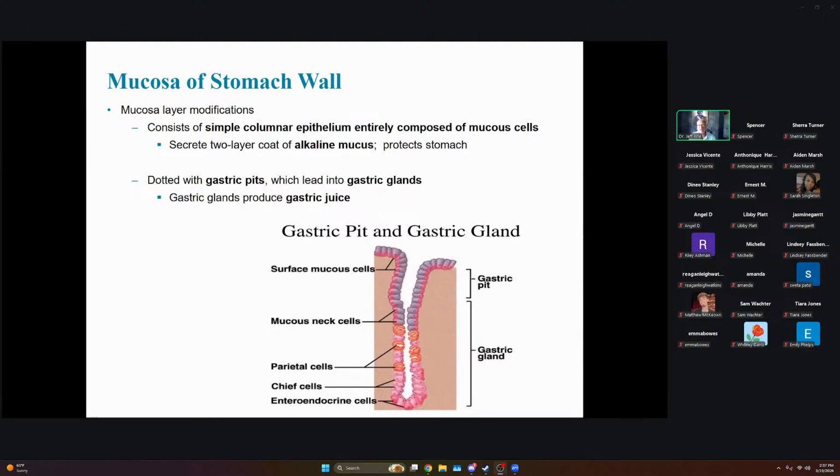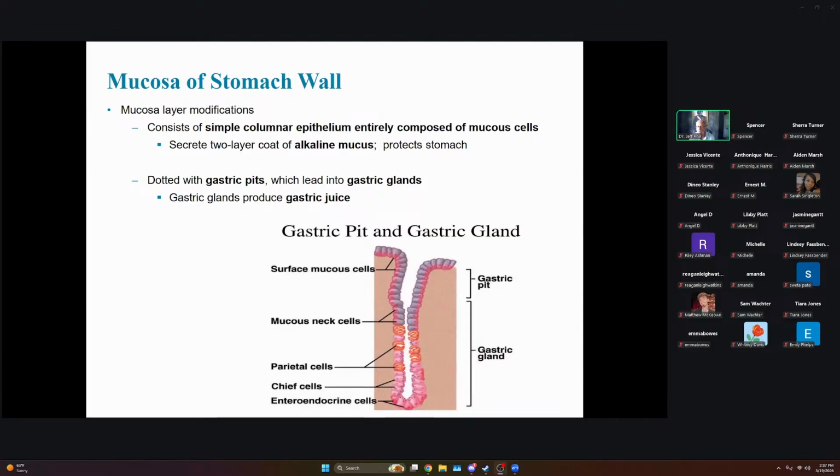However, within the stomach, the mucosa, the innermost lining, is different in the type of tissue that makes it up. That mucosal innermost layer is going to consist of, back to Bio 210, simple columnar epithelial tissue.